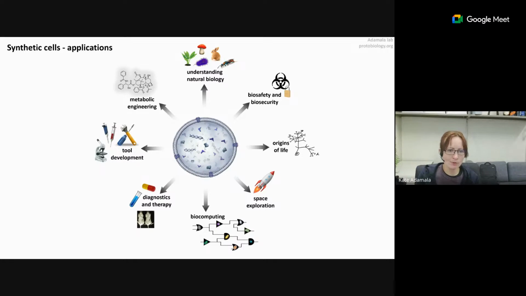We really want controllable replication, and that's why we're building replication from scratch. So we're not relying on natural mechanisms that make cells replicate, but instead we're trying to hack it. We're trying to build a replication system that doesn't rely on the natural mechanisms, so we can build the control from the ground up.